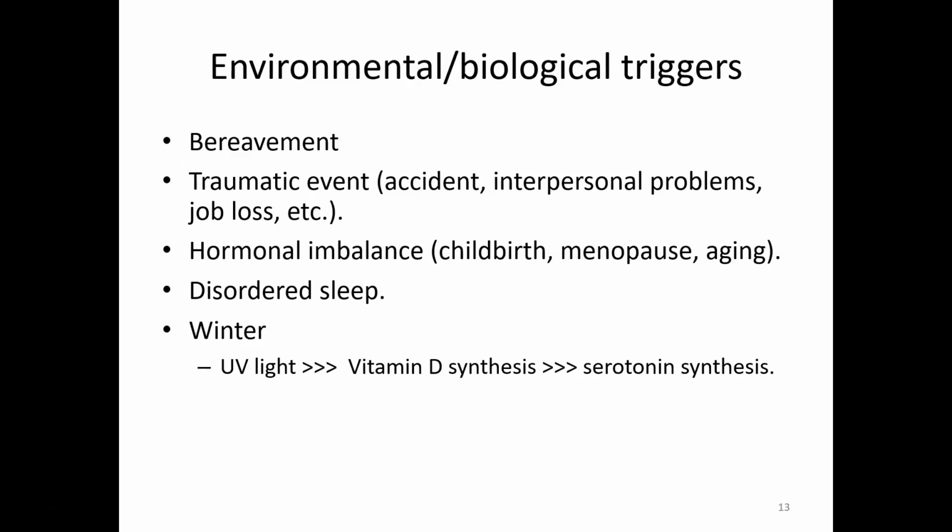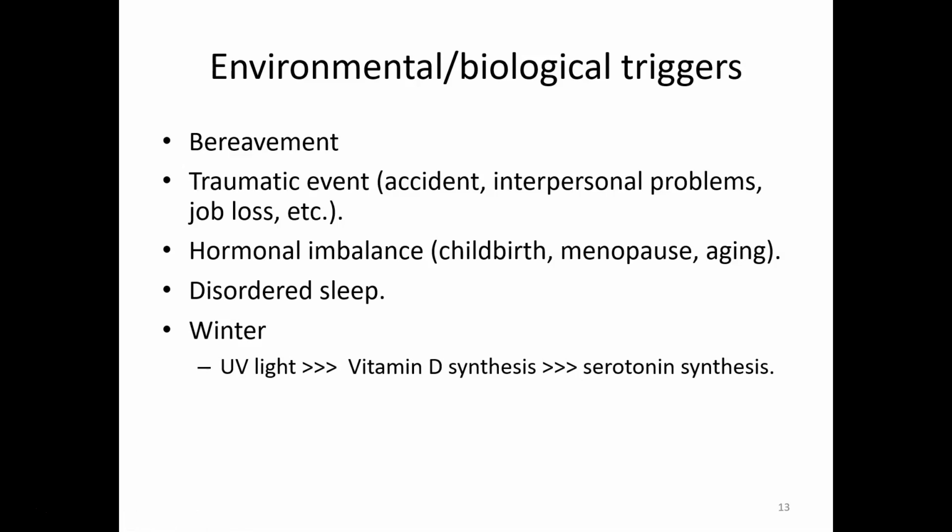One of the biggest ones is, of course, the death of a friend or a family member or a loved one. Bereavement can be a very powerful environmental cue. Traumatic events such as accidents, interpersonal problems, a relationship breakup, divorce, job loss, etc. Hormonal imbalances such as childbirth, menopause, or aging.